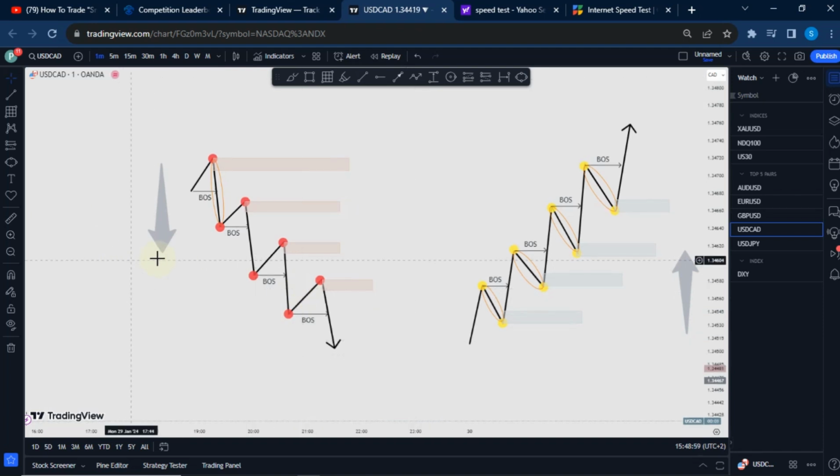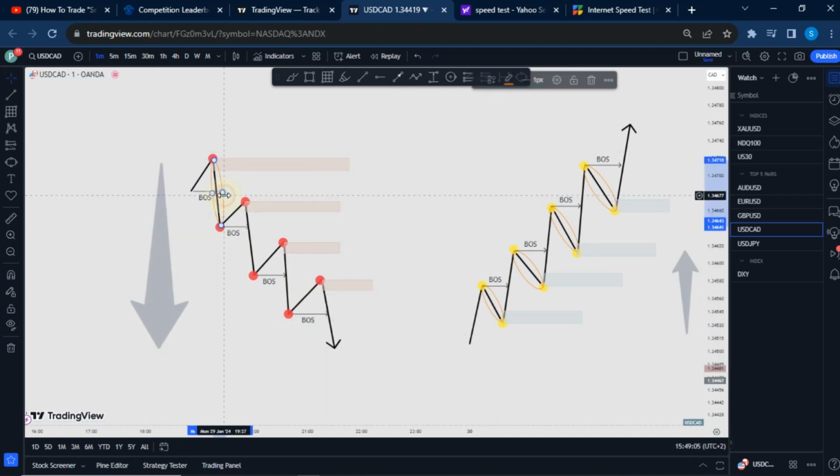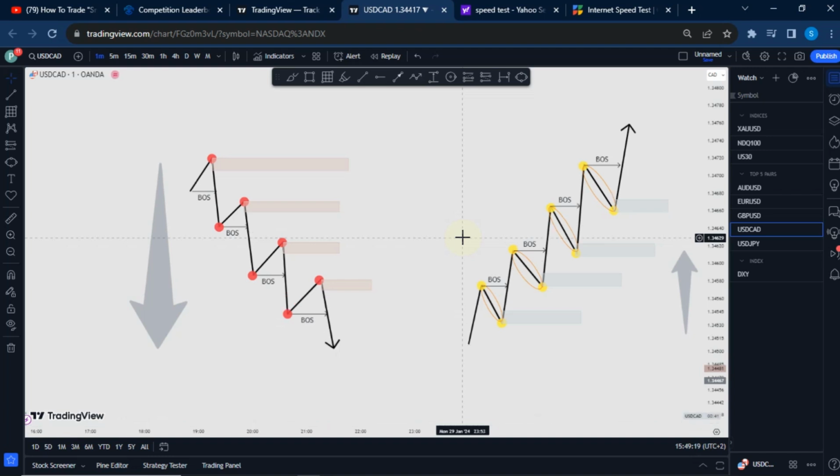So on a downtrend, as you can see here with this arrow indicating a downtrend, when we're having our break of structures, after identifying a break of structure, you need to ask yourself, what caused the break of structure? And what caused the break of structure is what becomes your supply.